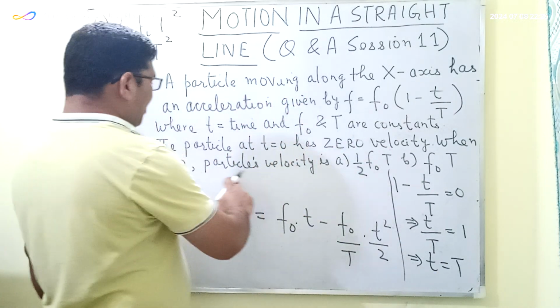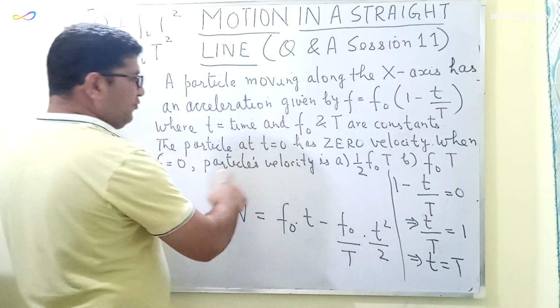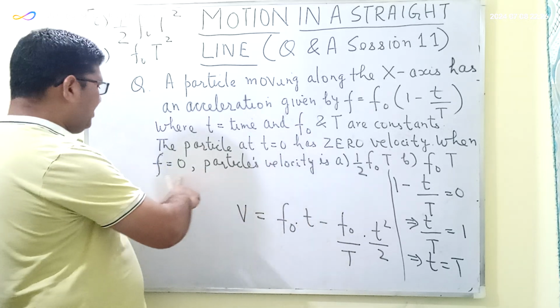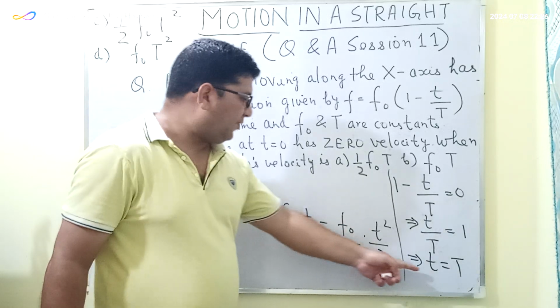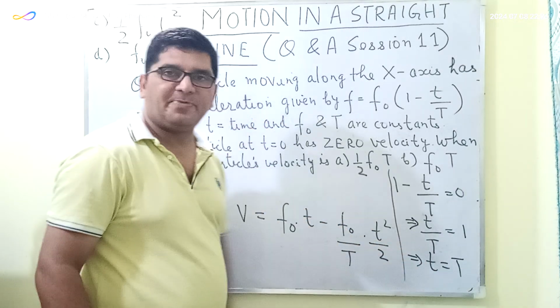So simply we have to find the particle's velocity when small t is equal to capital T.